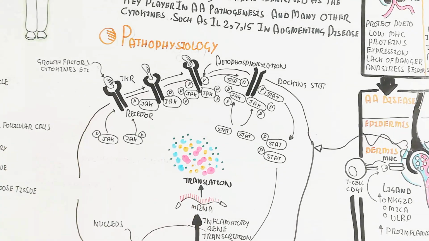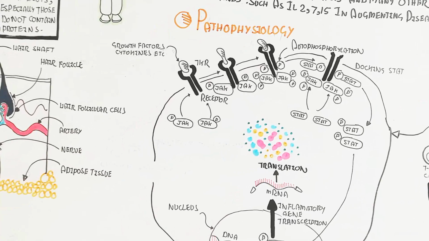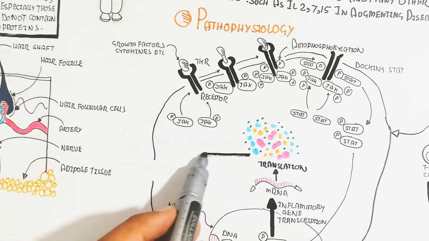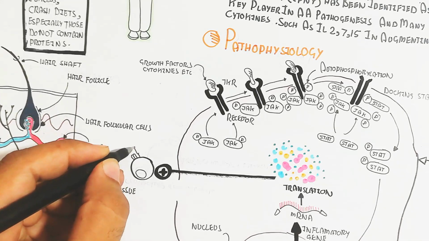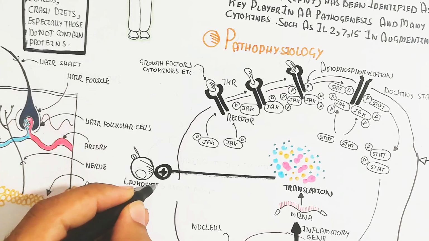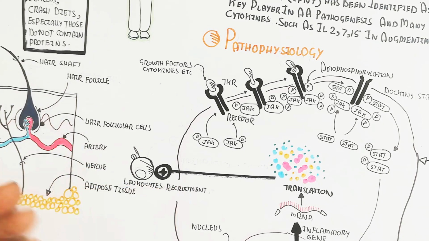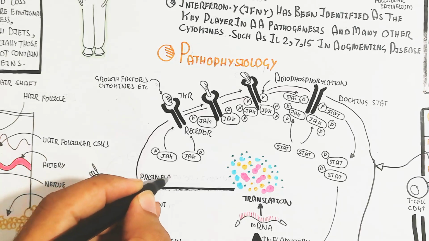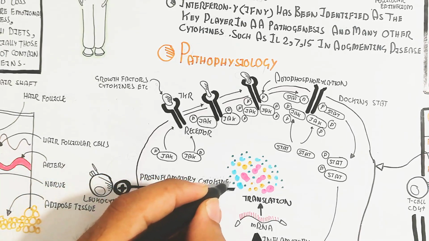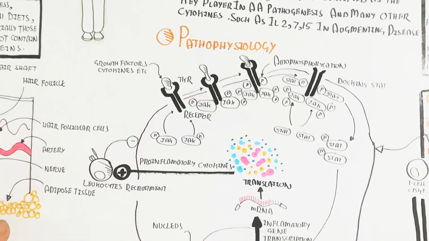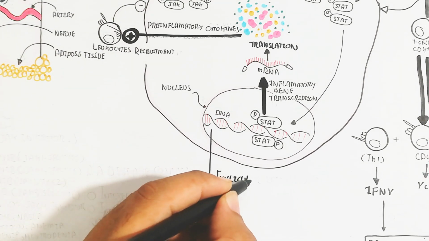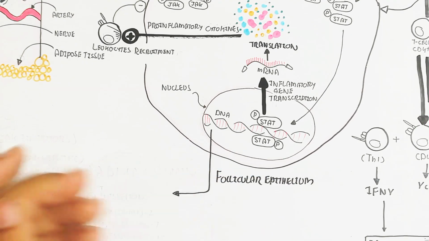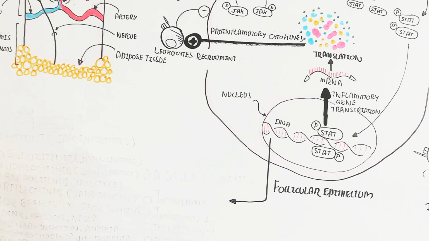This leukocyte recruitment will kill the follicular epithelial cell, and in this way the hair follicle will decrease, and the hair will be unable to grow, and that is why the hair will be lost.